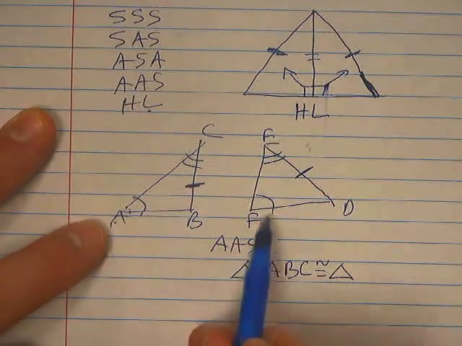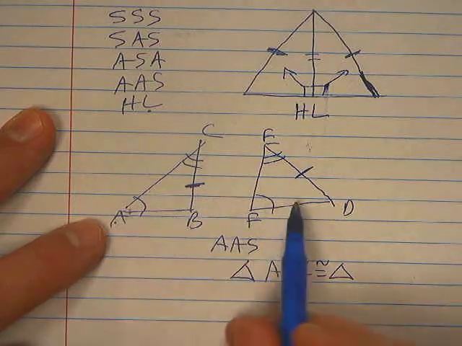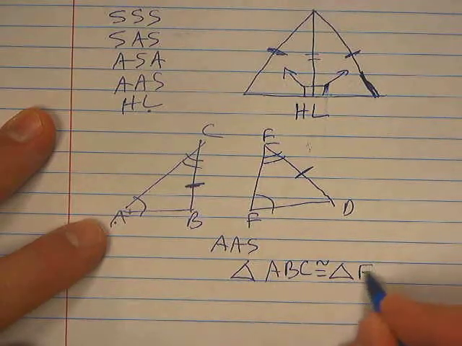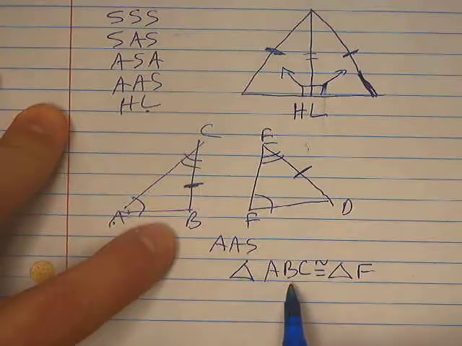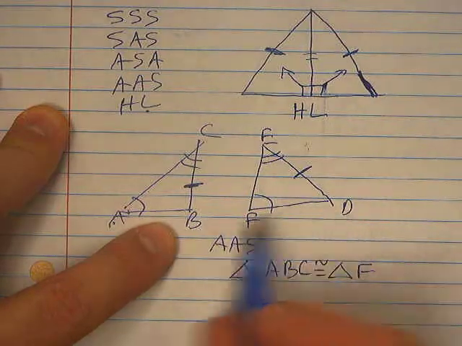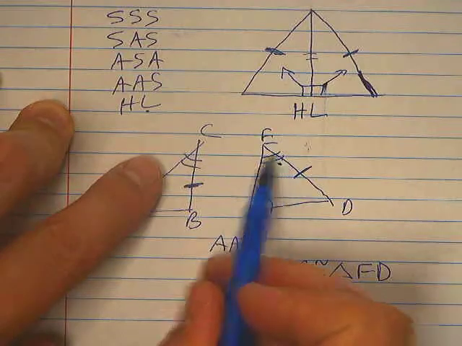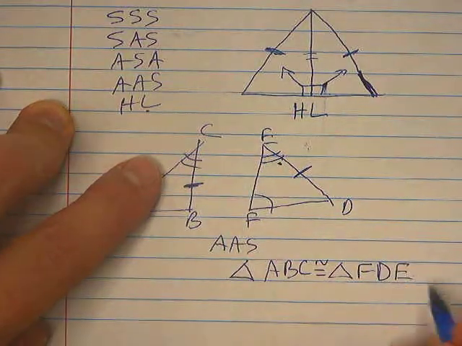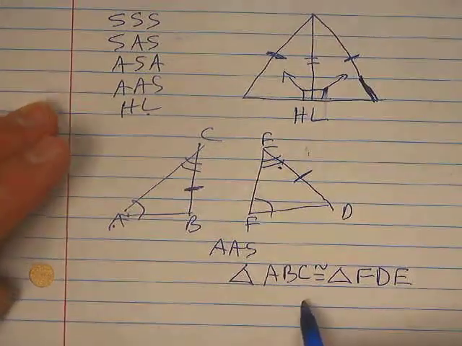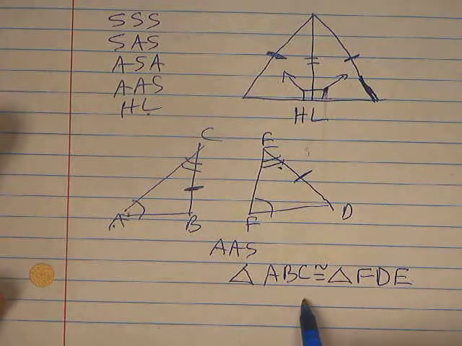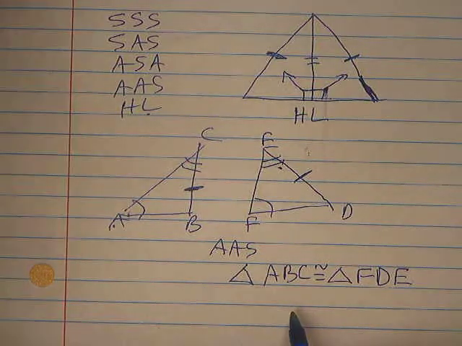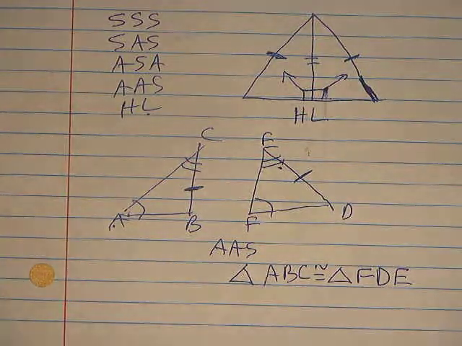And to write a congruent statement, we would write triangle ABC is congruent to triangle. Now it's important you match up corresponding angles. So A and F have the same markings, so F would be first. B doesn't have any markings, so that would be the same spot as D. And C has 2 markings, E has 2 markings, so those would be congruent. So when you write a congruent statement, make sure all those corresponding parts match up.